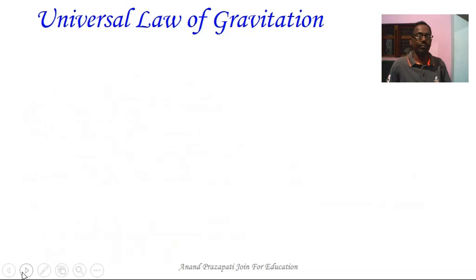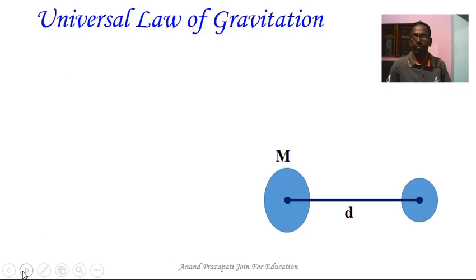The masses of the objects are M and small m, and the distance between the bodies is d.